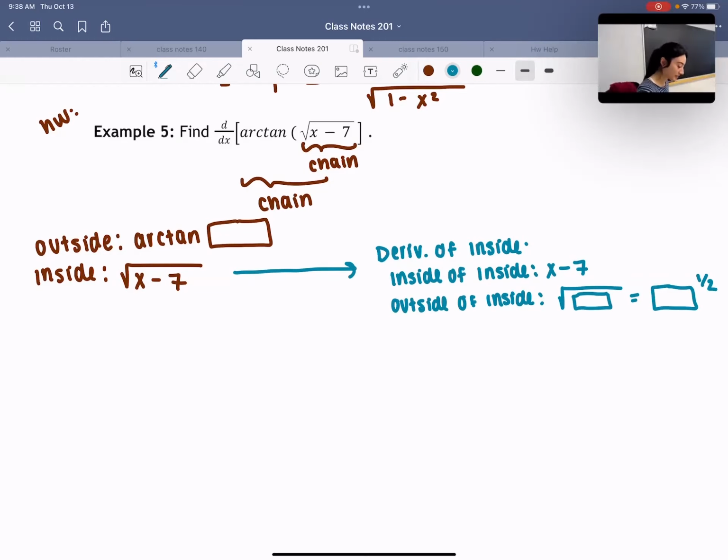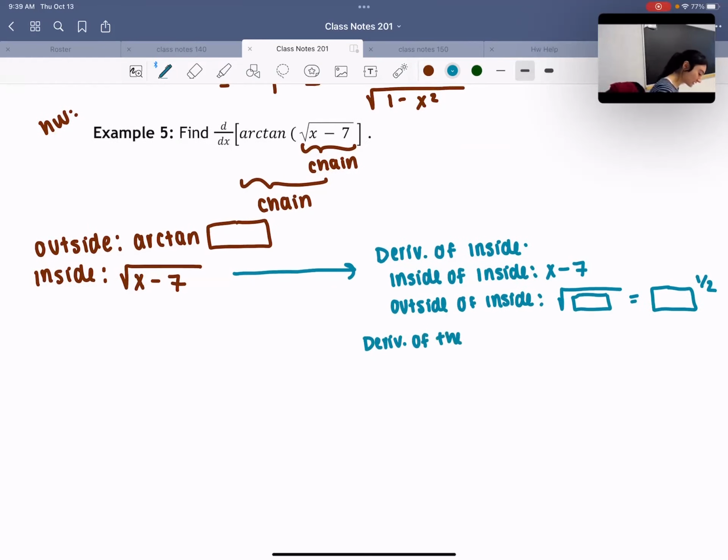So I guess what we have to do is the derivative of the outside of the inside, right? So what is the derivative of the outside of the inside, or my box to the 1/2 function? 1/2 box to the negative 1/2, perfect.